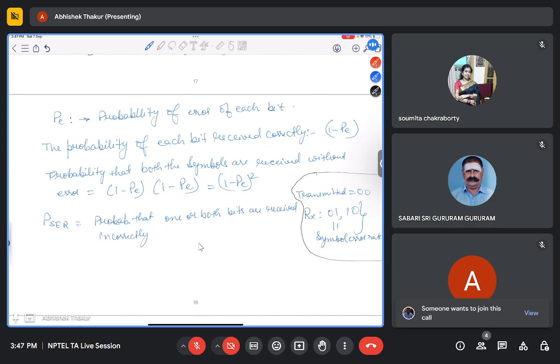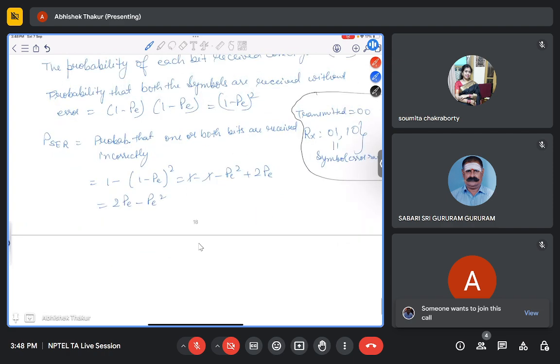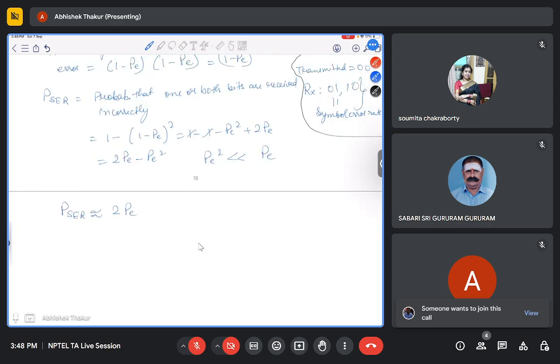In this case, that is 1 minus (1 minus P_E) square, which is 2 P_E minus P_E square. The probability of error is very small, so P_E square is much smaller than P_E. So we can say that the symbol error probability is approximately equal to 2 times the bit error probability.